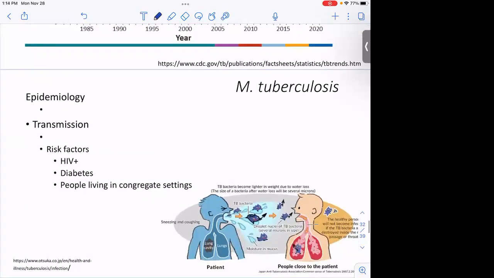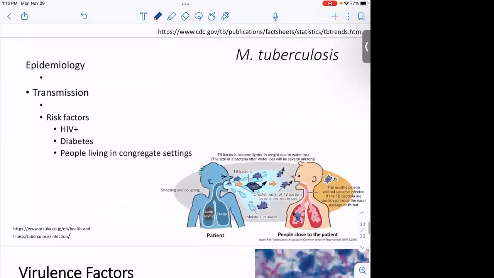So if we look at the occurrence of this organism and how we pass it around, like I said, humans are the only reservoir. It's a little different form that we see in the Mycobacterium bovis, which causes a little bit different disease, although it's related.